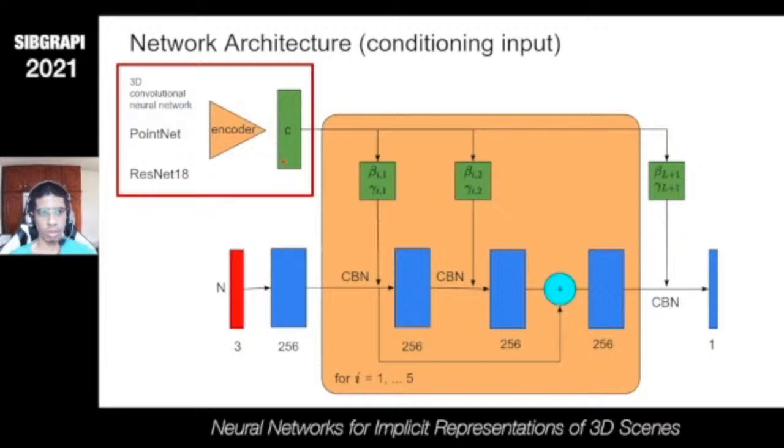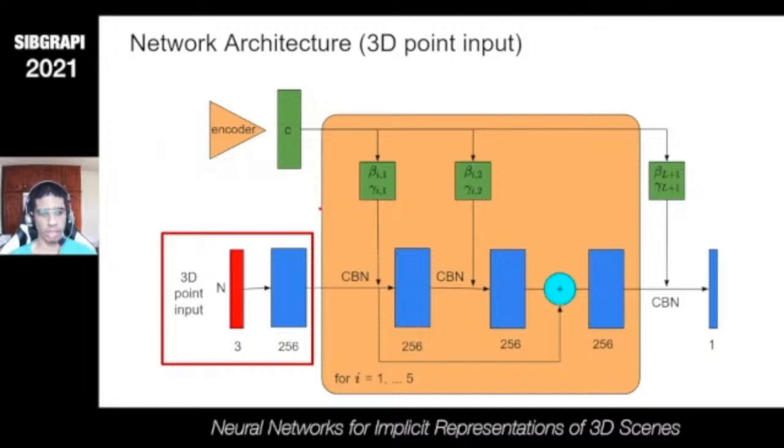And this encoder can be used in conjunction with several auxiliary networks, such as a 3D convolutional neural network if you have a volumetric input, a volume of voxels, a PointNet if you have a point cloud input, and a ResNet 18 if you have just images. This is the first part of the network.